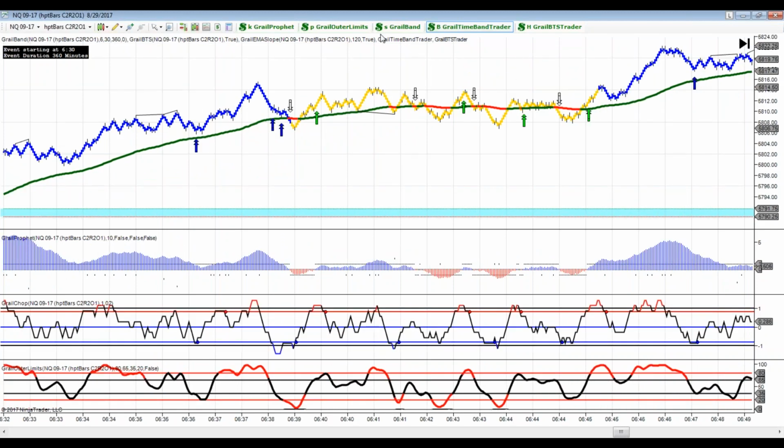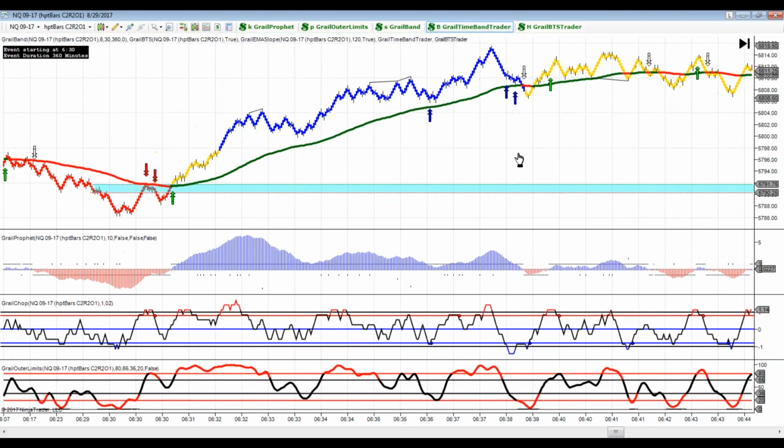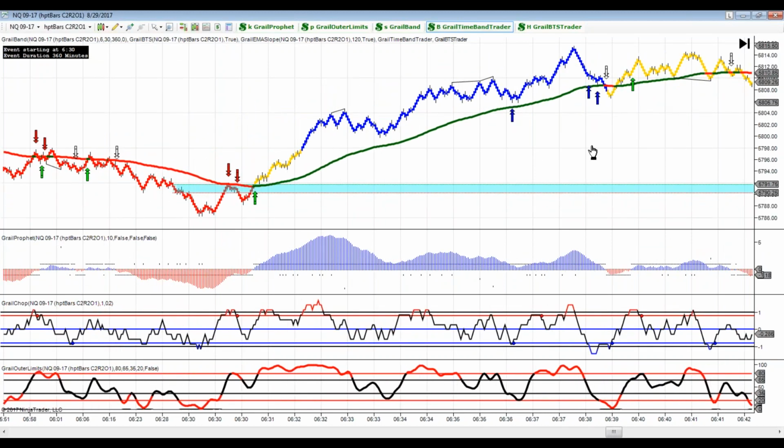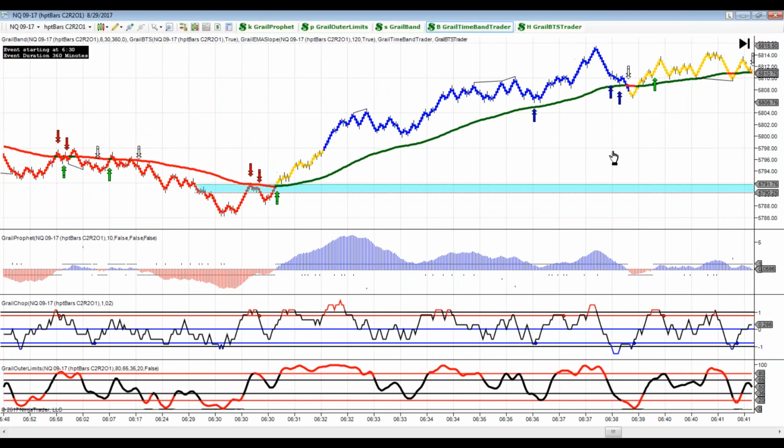I just think trading the yellows and trading both sides of the EMA gets to be too much after a while. That's why I really like the preferred combination here.